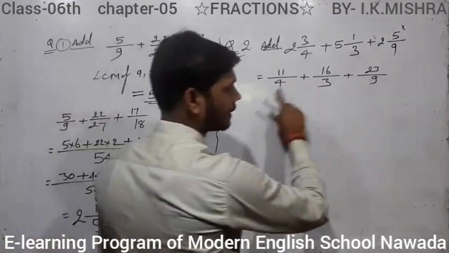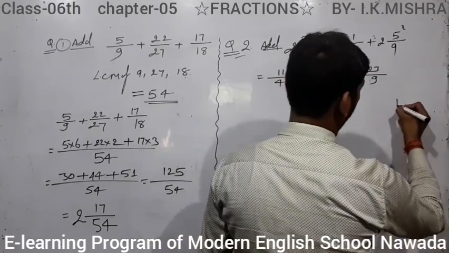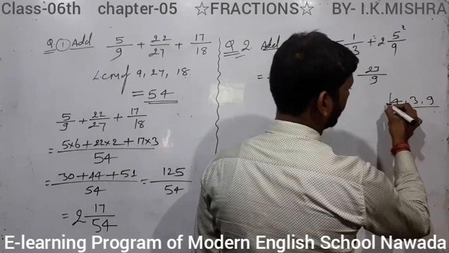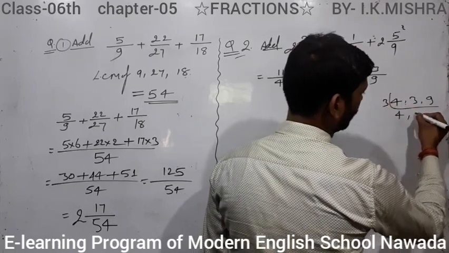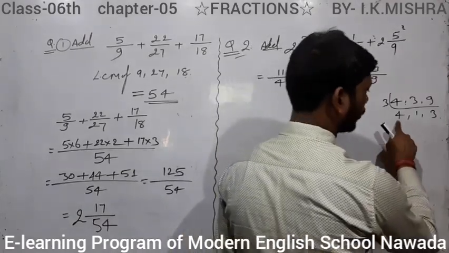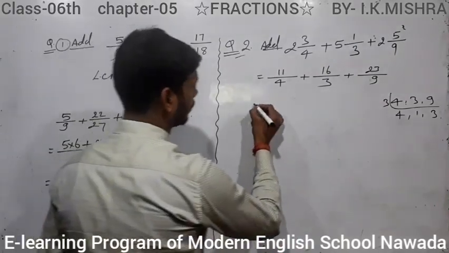After that students, find the LCM of it. When you find the LCM of 4, 3, 9, here 3 times 4 is 12 and 12 3 is 36. So LCM is equal to 36.